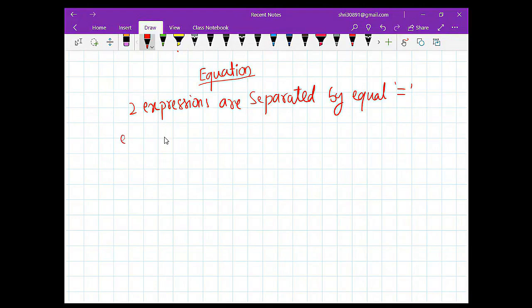See here, example: 2x plus 3 is equal to 0. Here 2x plus 3 is one expression and 0 is also one expression.